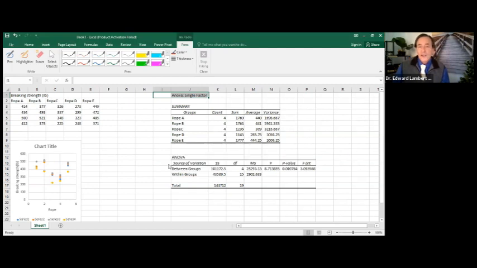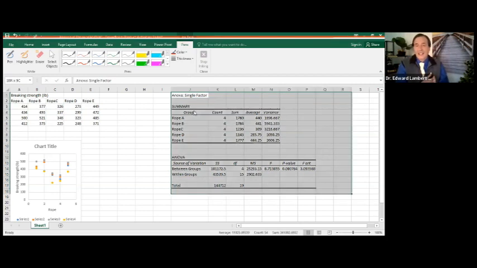And so you can just select that data, push Control C to copy it, go into your Word document, Control V, paste it right in, and then talk about it in your assignment or even in your research paper. It's that easy. The statistics does not have to be complicated.